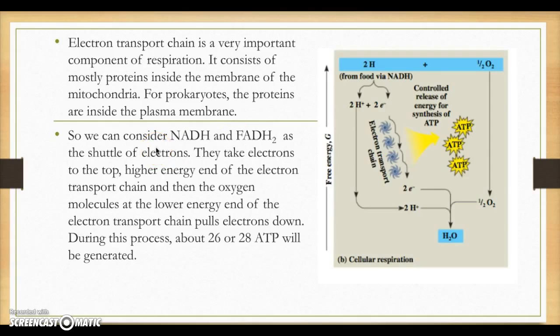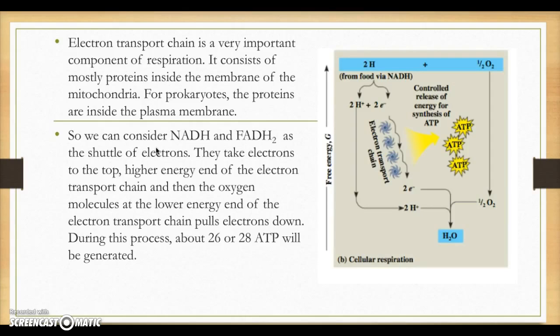Speaking of the electron transport chain, it's a very important component of respiration. It consists of most proteins inside the membrane of the mitochondria. For prokaryotes, the proteins are inside the plasma membrane. So we can consider NADH and FADH2 as the shuttle of electrons.